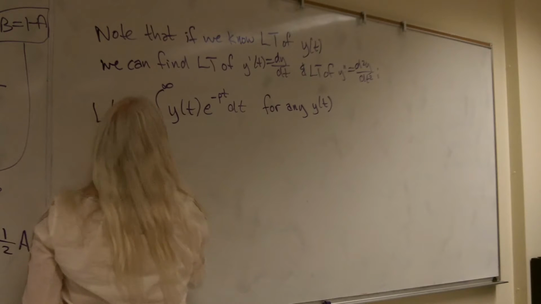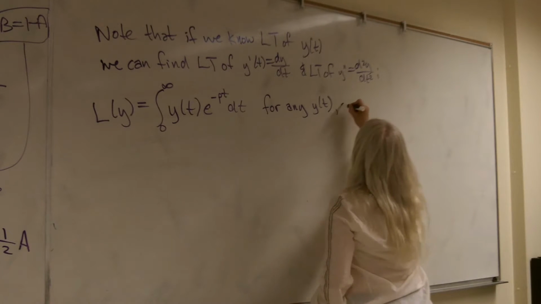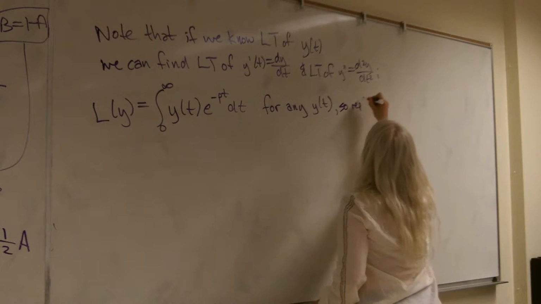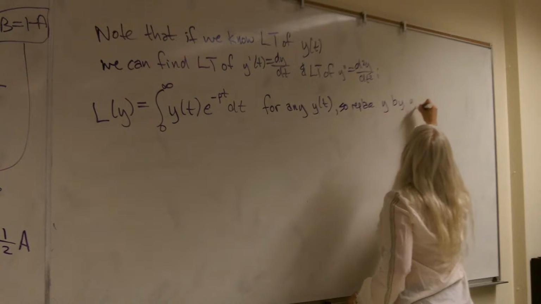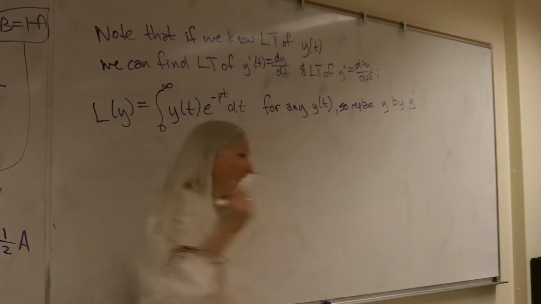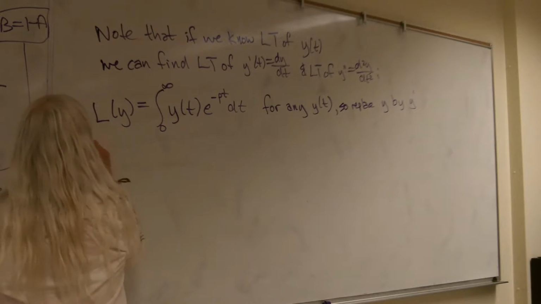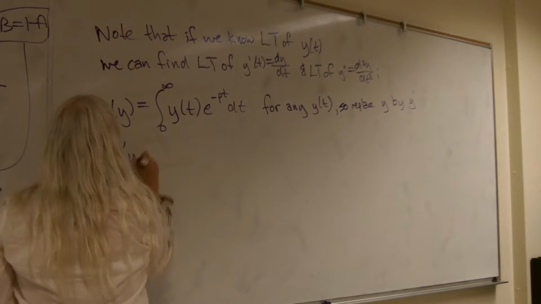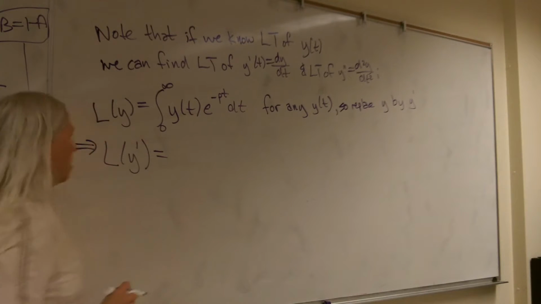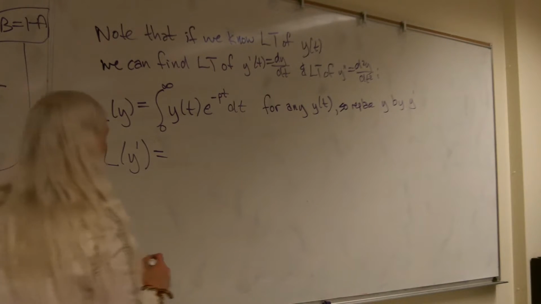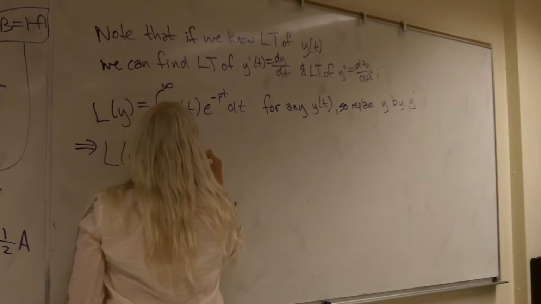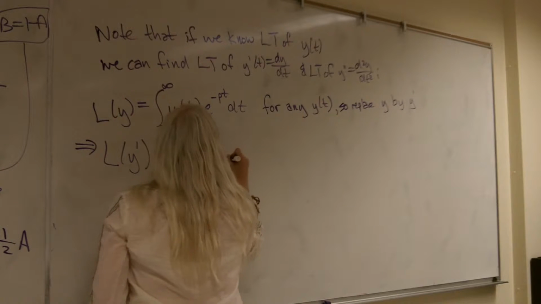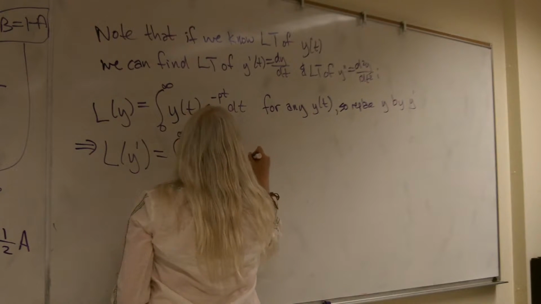So why not replace y by y prime? Y prime is some function of t also, so surely we could write the Laplace transform of y prime in a similar way. It would be the integral from 0 to infinity of y prime of t times e to the minus pt dt.